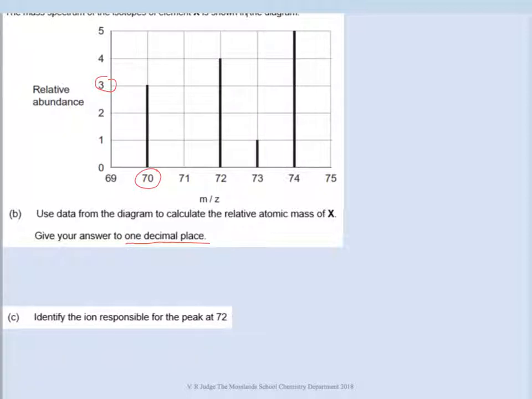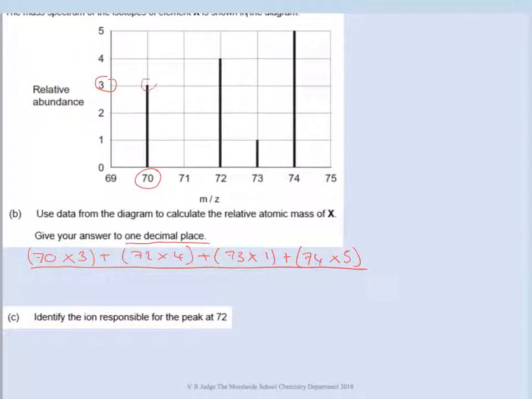So the first peak, we have got a mass to charge ratio of 70, and that is multiplied by 3, which is its abundance, plus 72 is the next peak with an abundance of 4, plus 73 is the next peak with an abundance, let's turn that into multiply, times 1, plus the last peak is at 74, and you multiply that by 5, which is its abundance, and then what you do is you calculate that and then you divide through by all of the abundances added together.